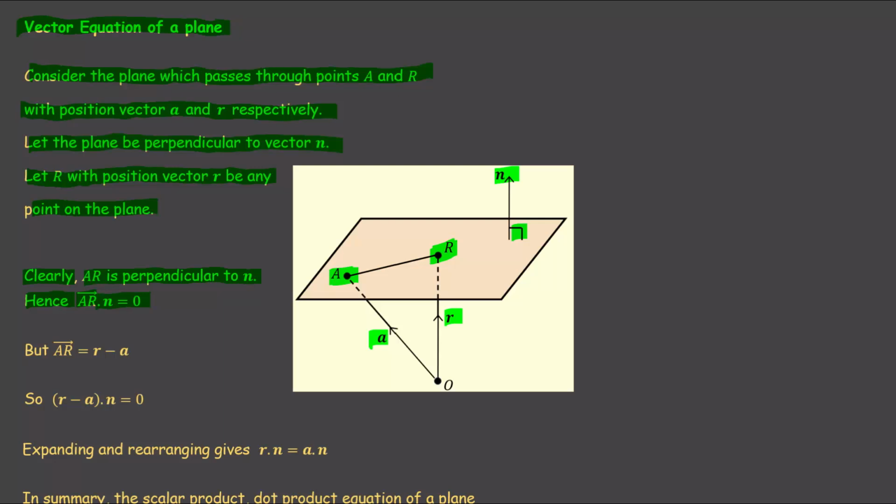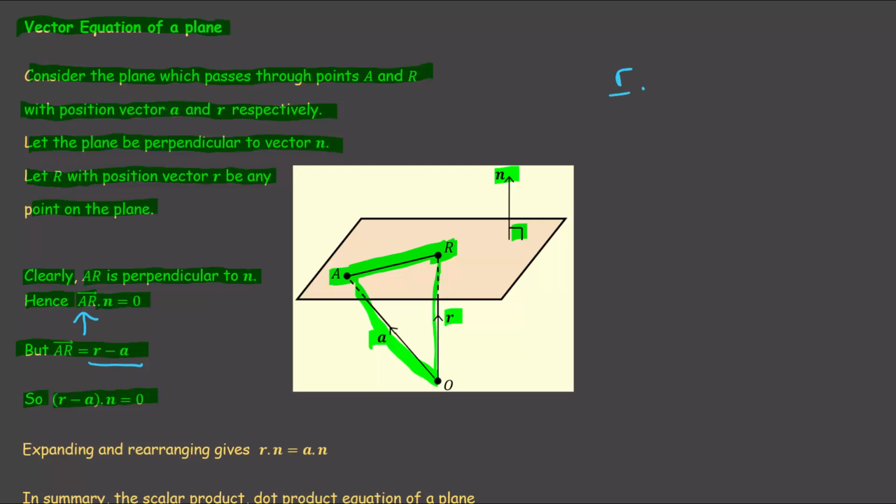But we can see on the diagram that AR is equal to R minus A, backwards along A, forwards along R. So AR is R minus A. Replace the AR here with R minus A, and we have R minus A dot N is equal to 0.